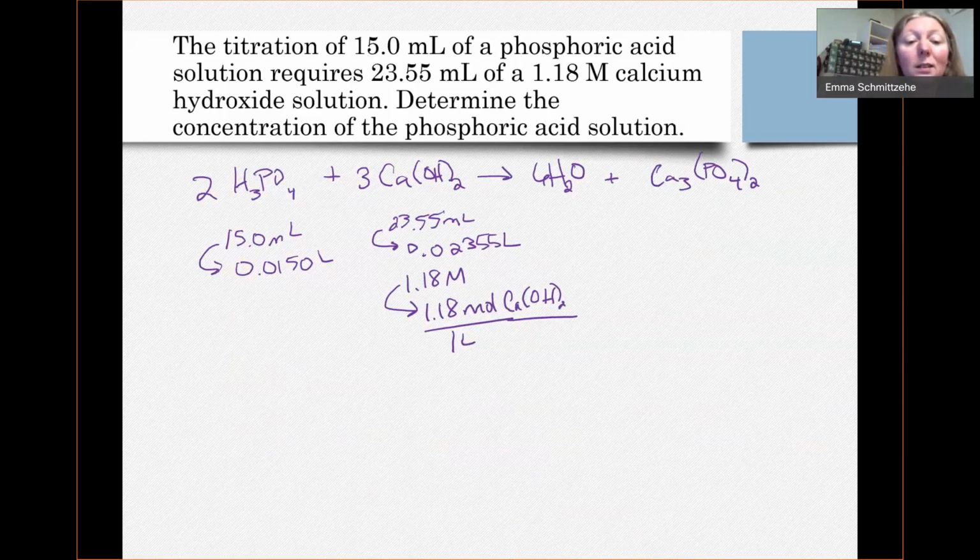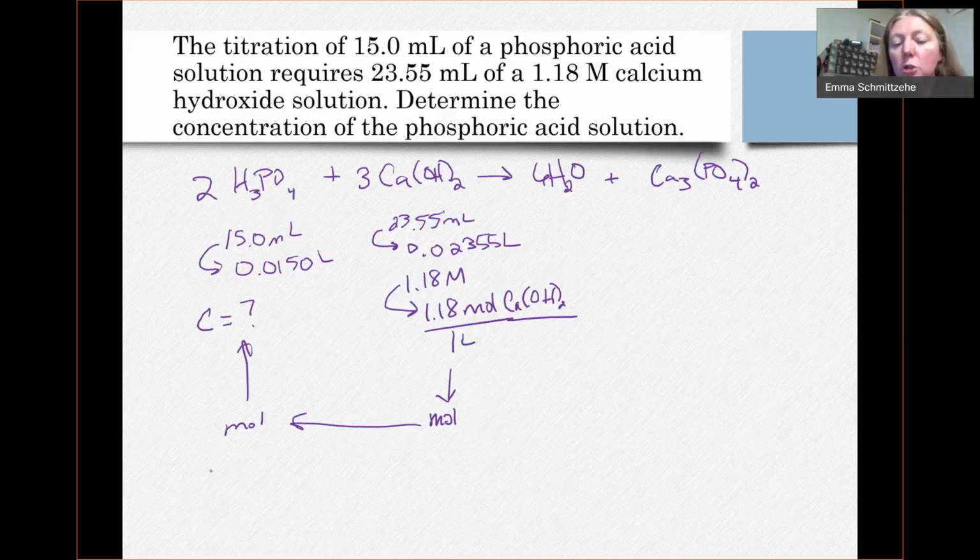And we want the concentration of our phosphoric acid. Okay, so we should be able to get moles of our calcium hydroxide, convert that to moles of phosphoric acid, and then get our concentration. So those are the steps we'll go through. We'll use the given information to calculate moles of calcium hydroxide first.